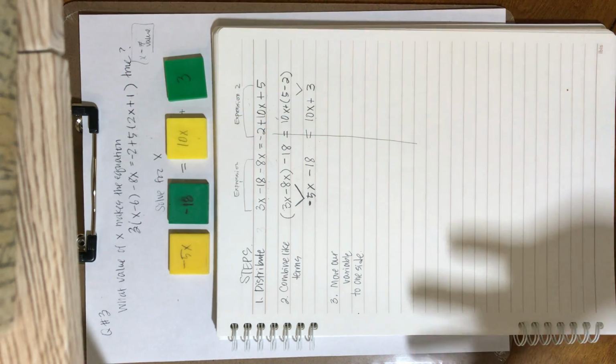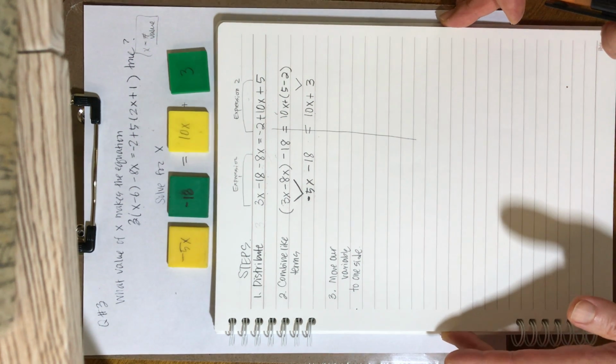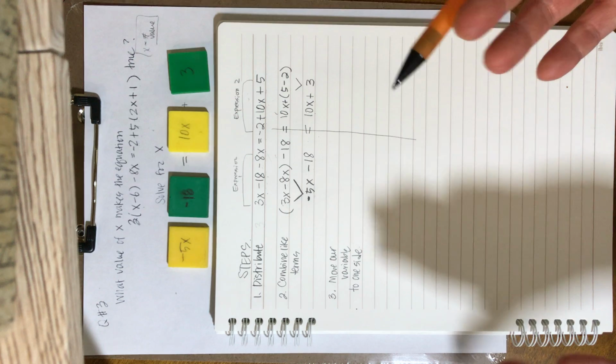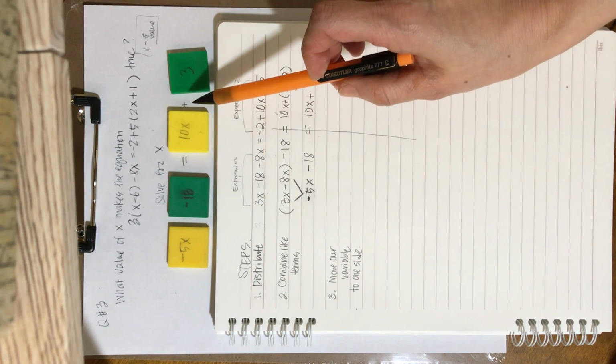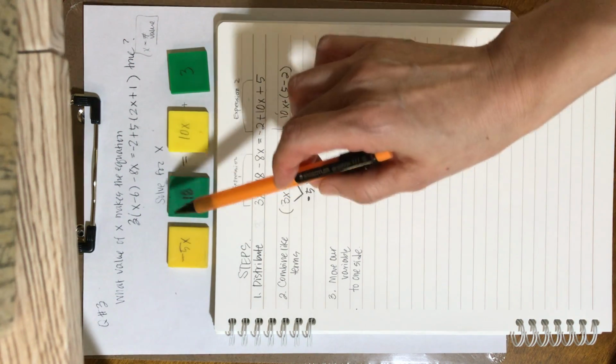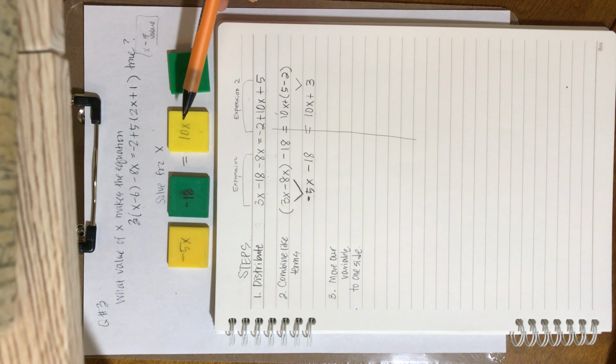So basically, we've talked about this before with algebra that algebra is a lot like keeping a balance on the scale. And so the idea is that whatever we do to this side, we've got to do to this side. And the way that we move things around in math is we make things equal to 0 or 1.